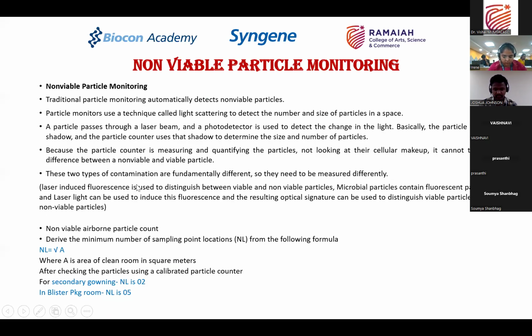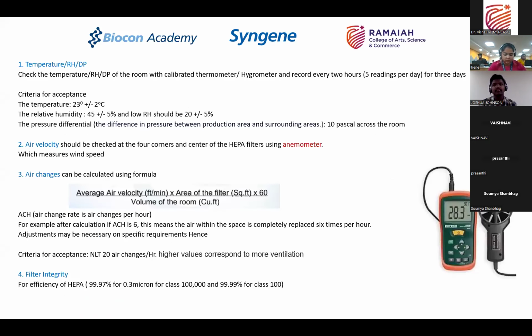Okay. So till now we have seen what non-viable and viable particles are, the importance of counting these particles, the areas from where the particles will be counted, and the regulatory bodies which have given the standards for non-viable and viable particle counting.